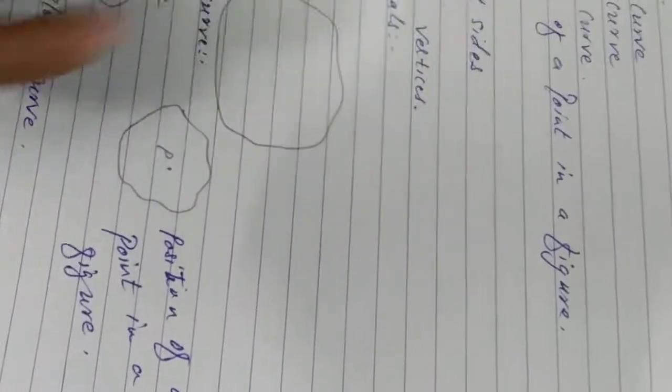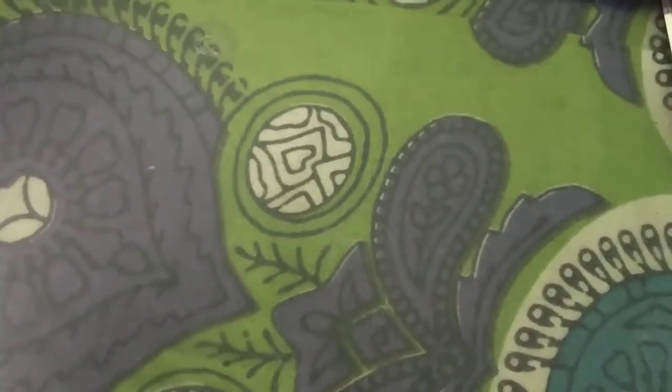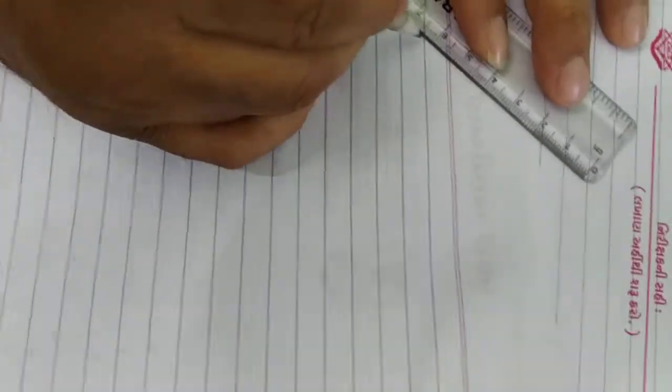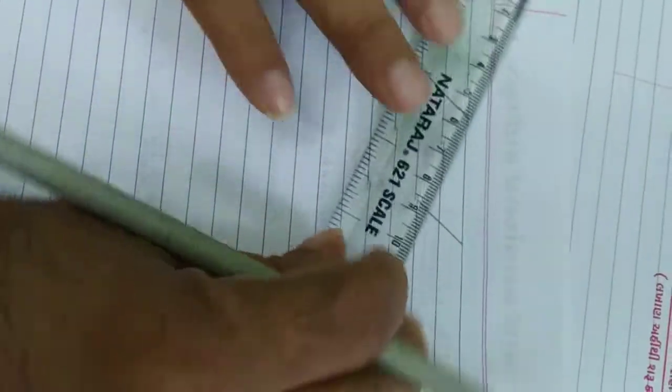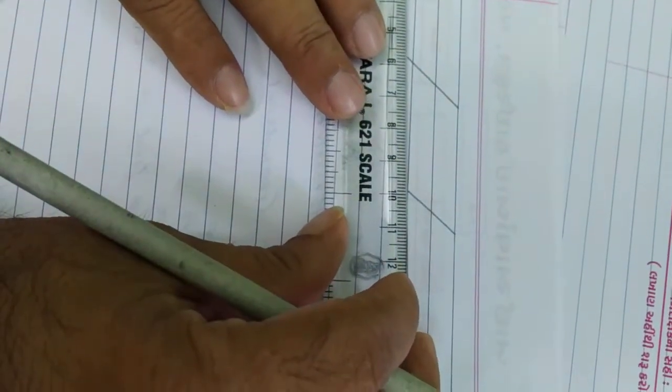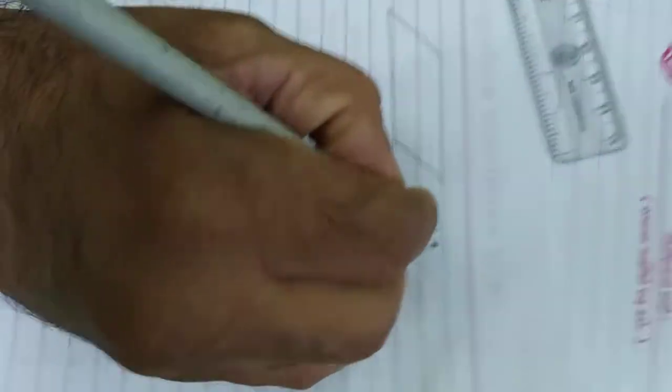Now next, polygon. What is a polygon? A simple closed curve made up of line segments is known as a polygon. It may have 3 sides, 4 sides, 5 sides, whatever number of sides, but a figure which is made up of line segments is known as a polygon, right?